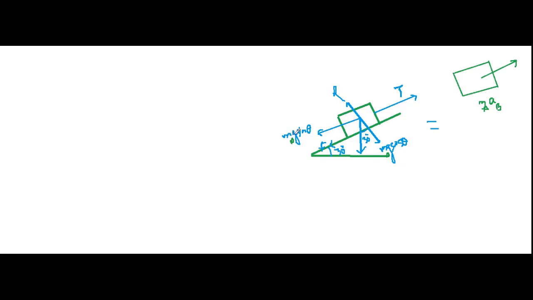Likewise, mg sin theta will be acting along the incline. Again, since the block is moving upward, the friction force shall be acting in the downward direction. So the net force shall be acting upward as shown in the figure.